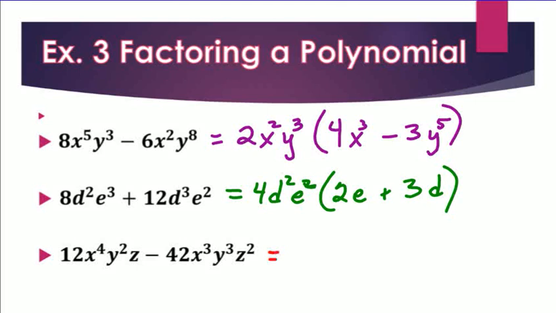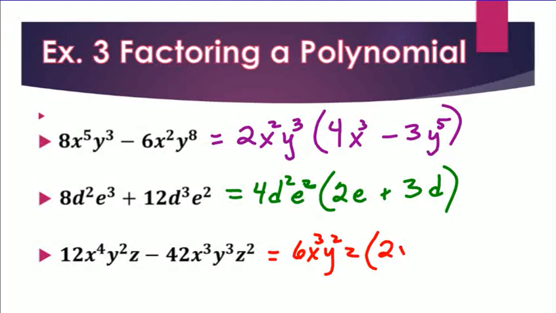And the last one here, common factor of 12 and 42. We can take a 4 out of, actually not 4, 6. 6 would be the greatest common factor. The most x's is x cubed. The most y's is y squared. And the most z's is just 1z. 12 divided by 6 is 2.